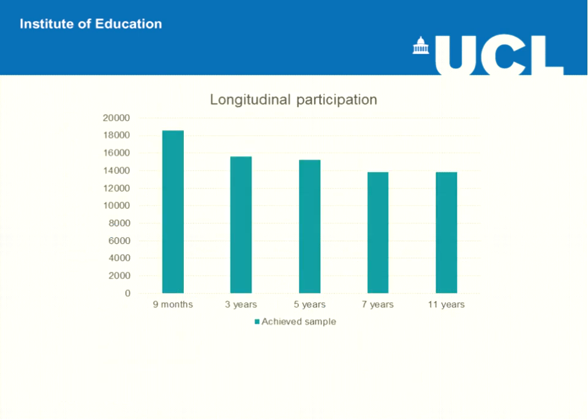So now going to participation, we started off with 18,000 plus young children at the first sweep, but as you will see from this graph, participation has been decreasing over time, and the last 2 sweeps we had just under 14,000 participants.